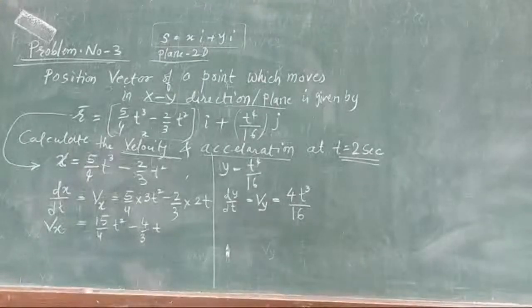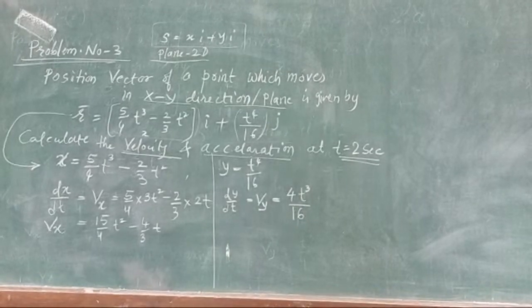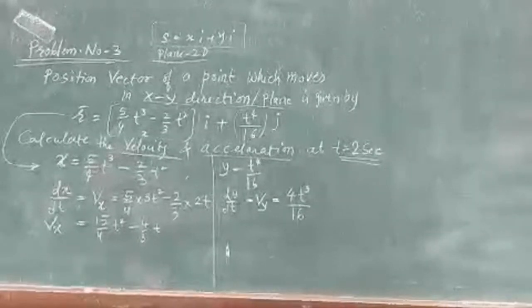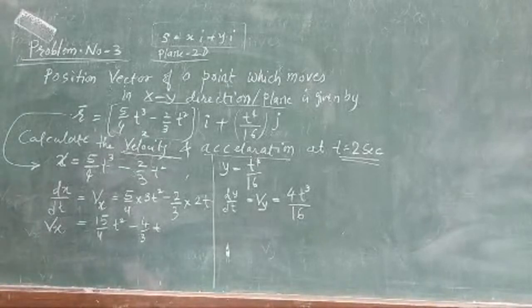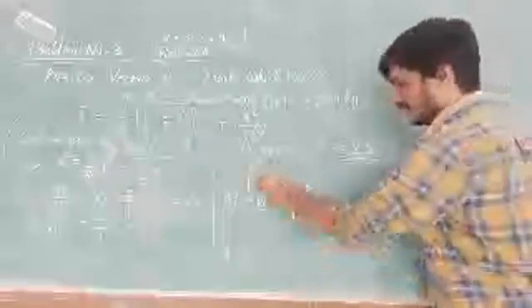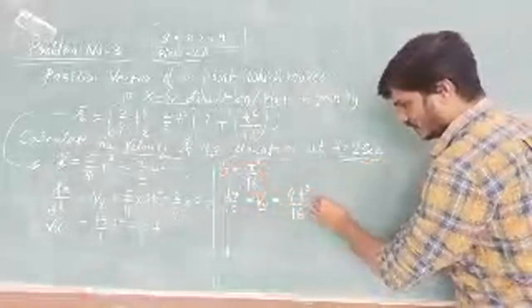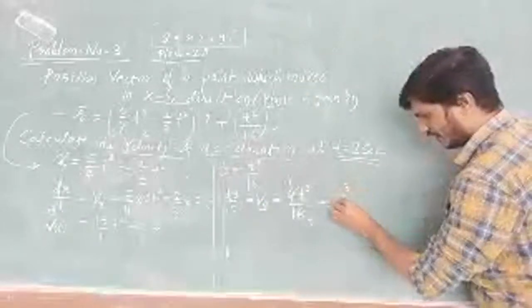Okay, so now we will differentiate y with respect to t. So 4t cube by 16, after simplification, 1 by 4, so t cube by 4 will be obtained.